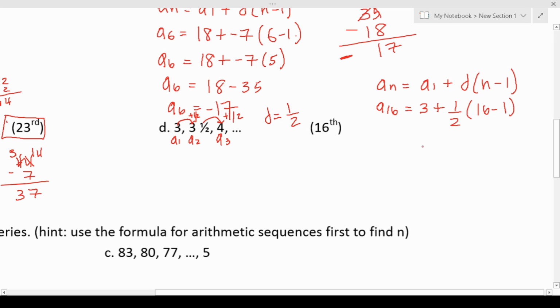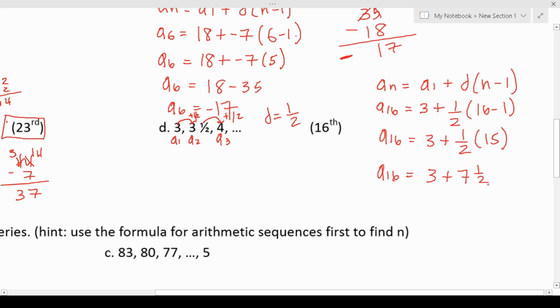Okay? So let's work this one out. Again, this is a16 equals 3 plus 1/2. 16 minus 1 is going to be 15. a16 equals 3 plus half of 15, which is going to be 7.5.